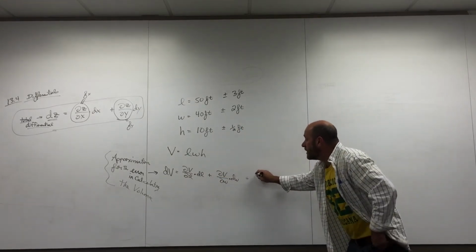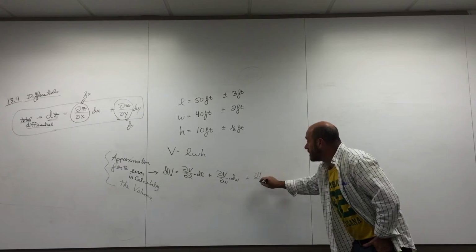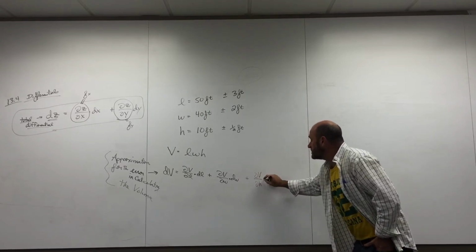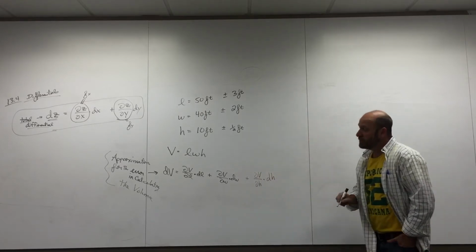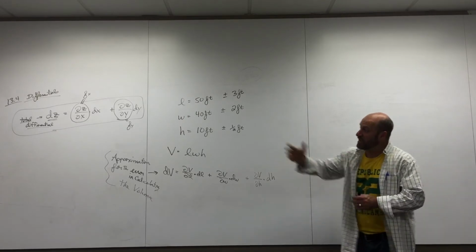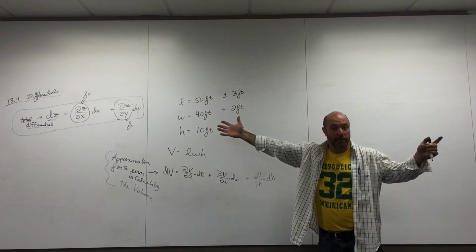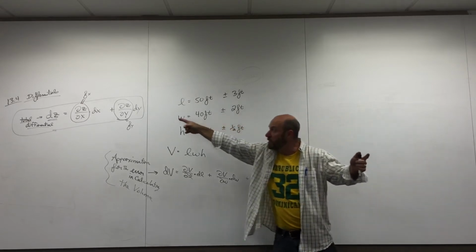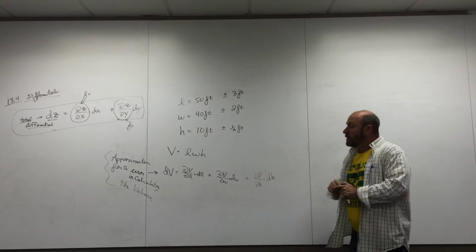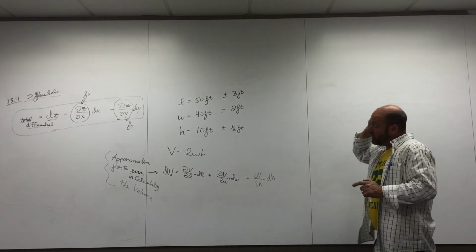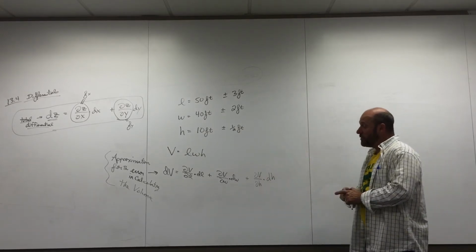I have 1 more to do. dV dH times dH. Are you guys all right? Just extended that formula into 1 more dimension, 1 more variable. That's all. It's that formula extended, with different letters, different variables, and an extra variable.